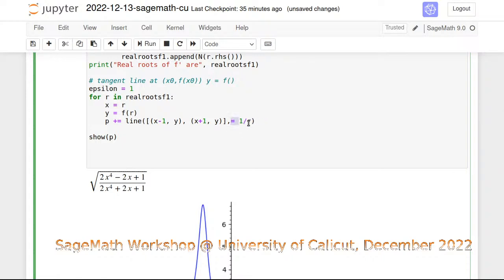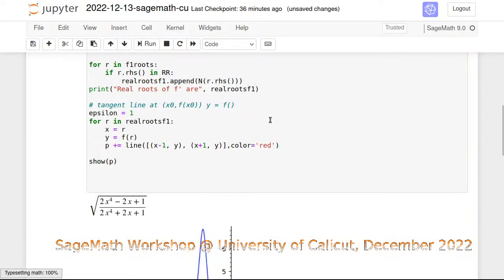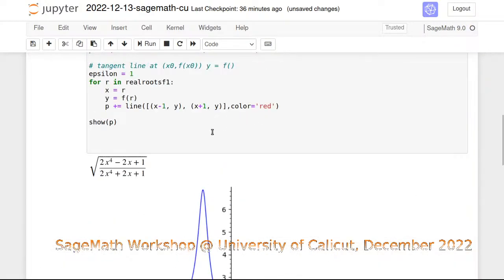I forgot that command name. Color equal to, okay, let me just try with red. Then probably in the line that color is not there, it seems. I think RGB color is what we can give here. The color is showing in the picture.